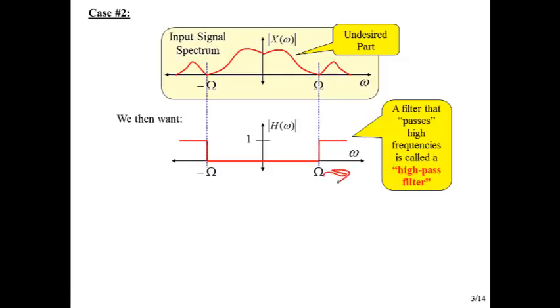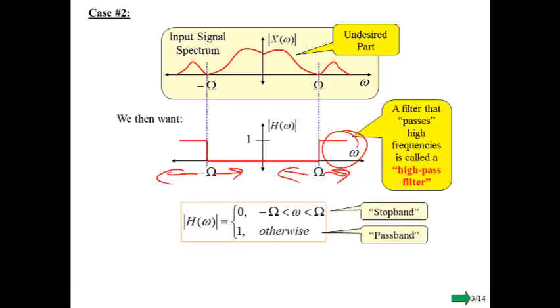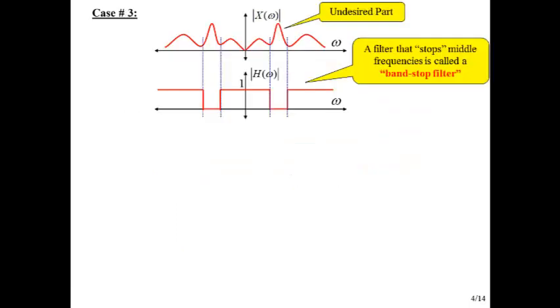So above some frequency omega, we pass. Below that frequency omega, we stop. And in that direction as well. So this is, not surprisingly, called a high-pass filter. And we can specify the magnitude of the frequency response accordingly. And again, we have the concept of stop band and pass band.